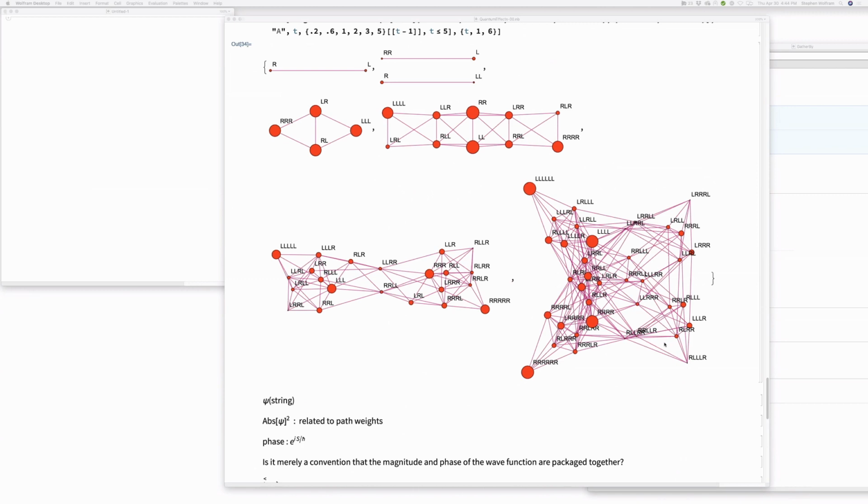Look, the point that I was trying to make is that these slices that we're making in foliations are some kind of transversal to the multiway graph. Right.